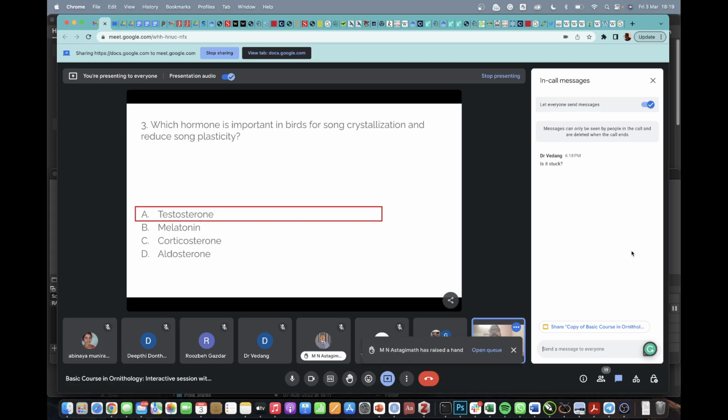Yes, you want to answer? Yeah, it is the process of achieving the typical songs for the birds during the development. All right. So in a way, it is a maturation of the songs. So what would reduction in song plasticity mean then? So the variation will not be much.